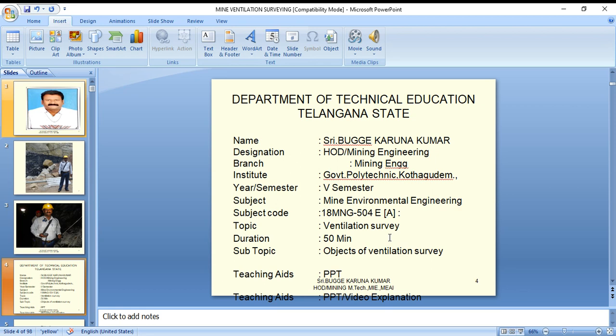Pressure is also important. From the main fan to a particular location, how do we know the quantity and pressure? By various instruments, that is the basic objective, and you are going to learn other parameters in this lecture.